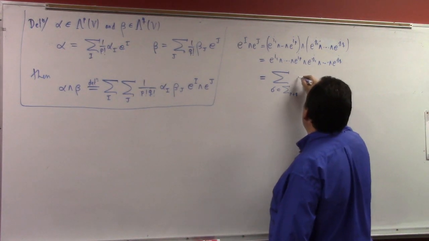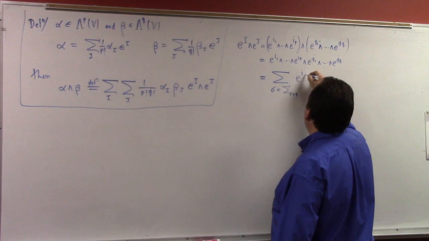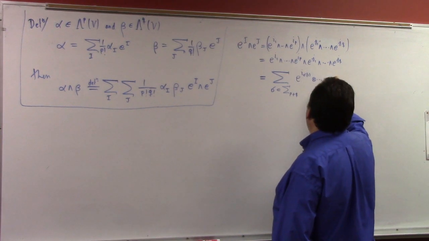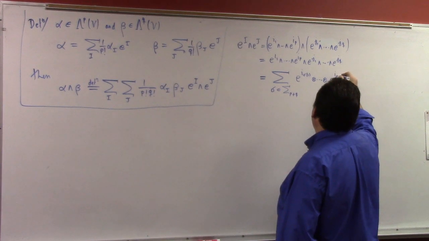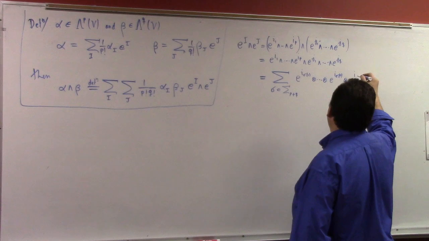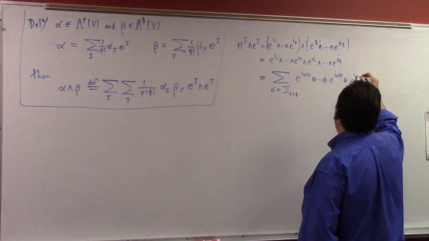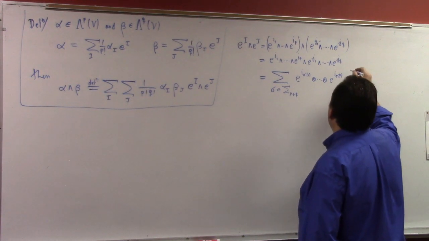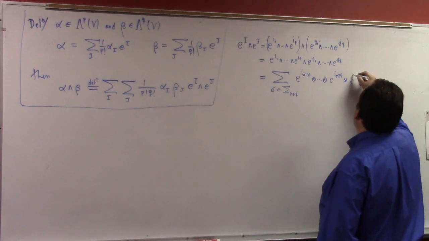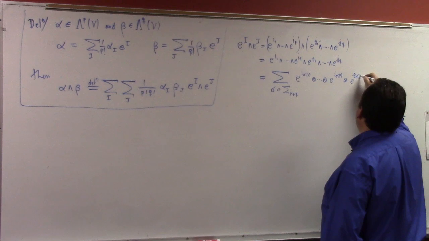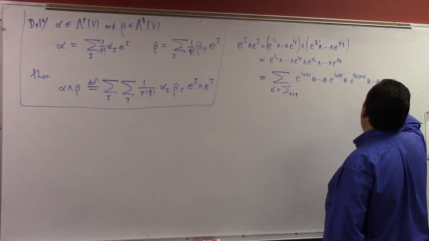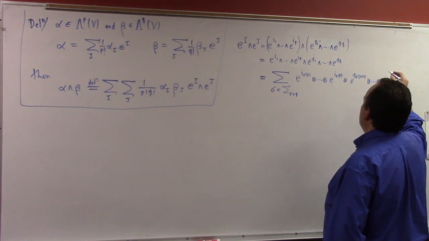And it would be e_{i sigma(1)} tensor ... e_{i sigma(p)} tensor e_{j sigma(p+1)} tensor ... I think this is what it would be, right?